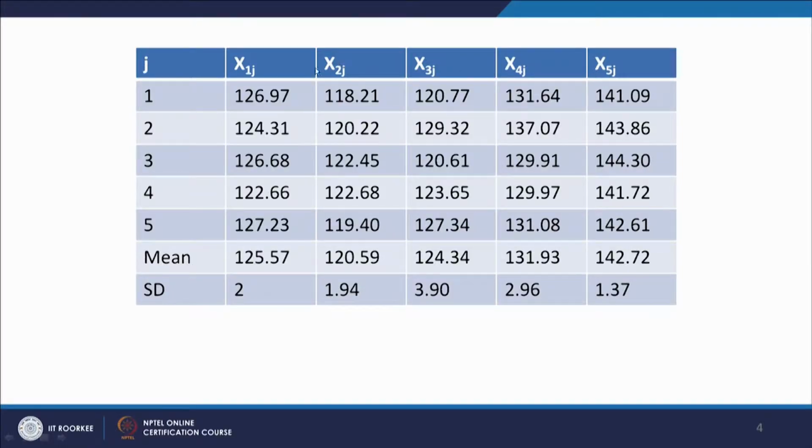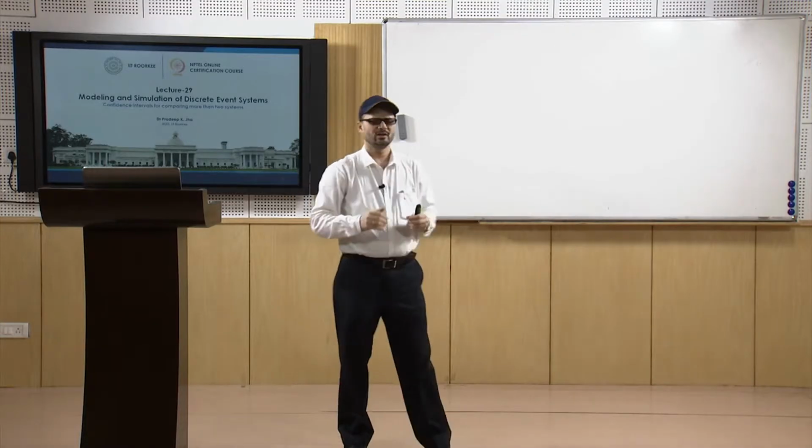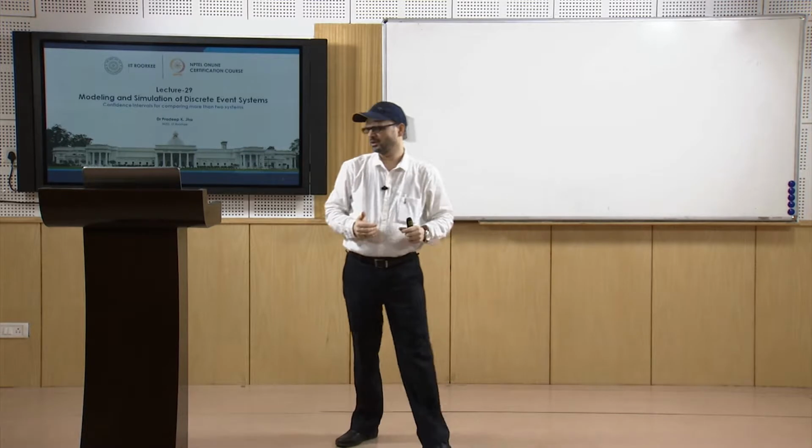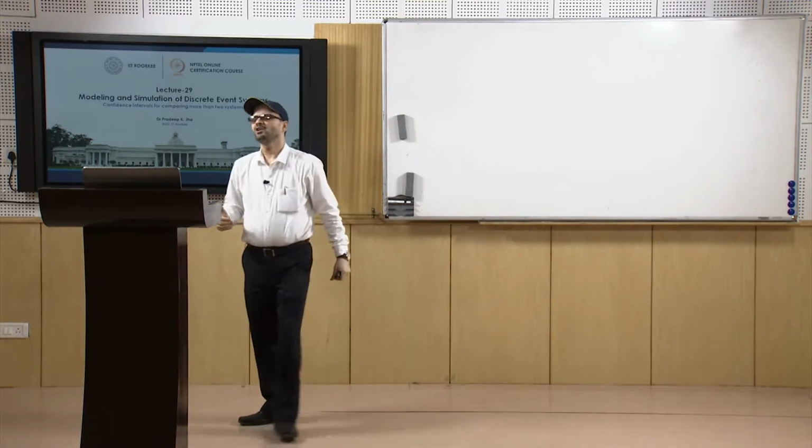Now, in this case we have the 5 independent replications, and if we assume that this is basically the standard one, so we have basically k readings, and if we try to compare these replications' output, in that case you have basically 4 values.